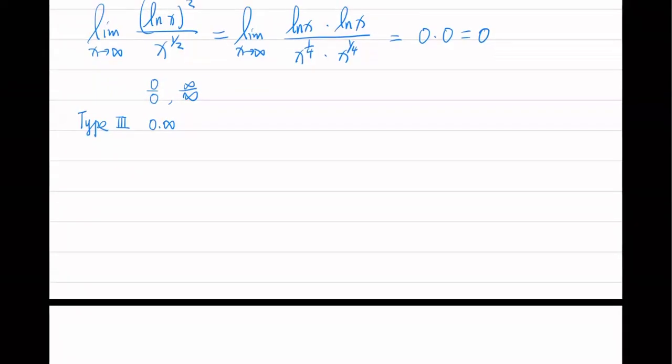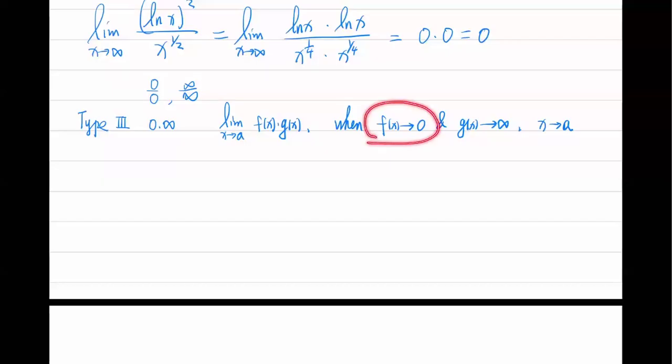Okay, it means we want to find the following limit. The product where one of them goes to 0, the other goes to infinity.